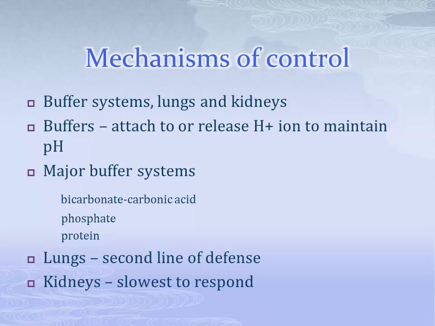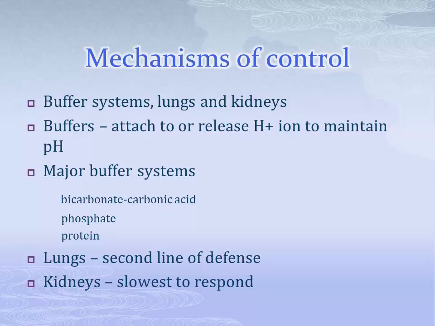If we have too little metabolic acids present, then the kidneys will secrete less of the hydrogen ions, or they're going to retain more of the hydrogen ions, however you want to look at it, and secrete more of the bicarb.